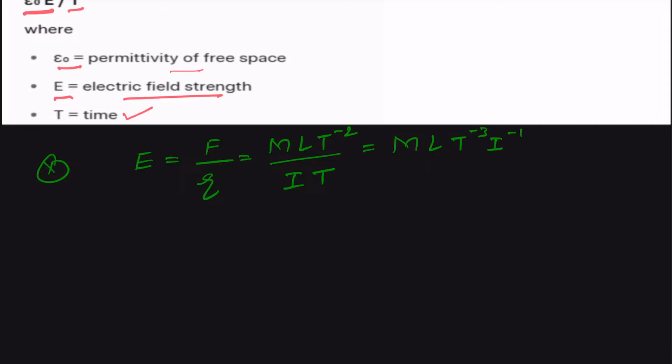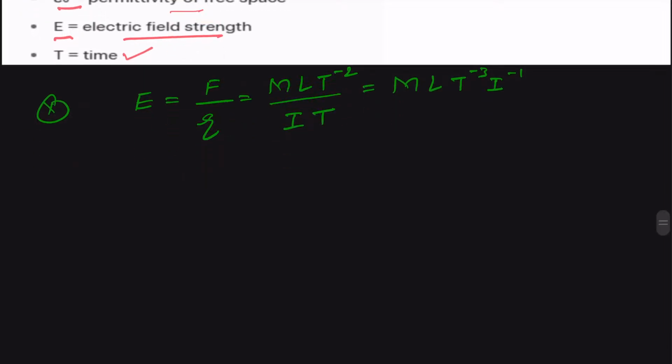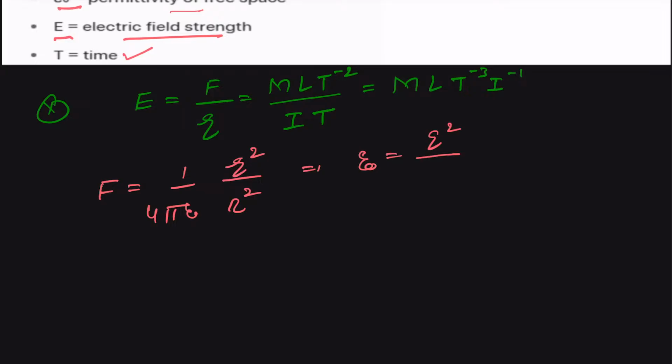Now we need our permittivity. For that we can use force is equal to 1 upon 4 pi epsilon naught times q squared upon r squared. Therefore we can say that our permittivity will be equal to q squared upon force times r squared.